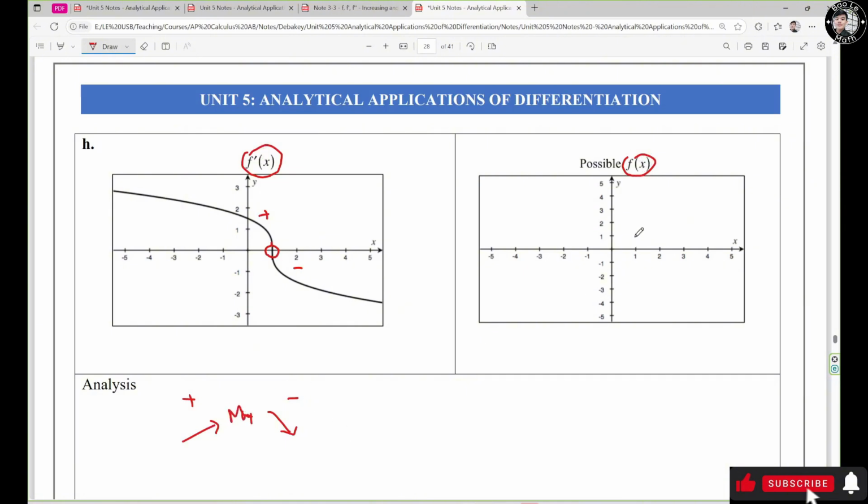So at x equals 1 is the relative maximum right here. Now, f prime of x is positive from negative infinity to 1, right? Which means the function f of x is increasing, right? So it could be something like this. And negative from 1 to positive infinity, right? So it could be decreasing.